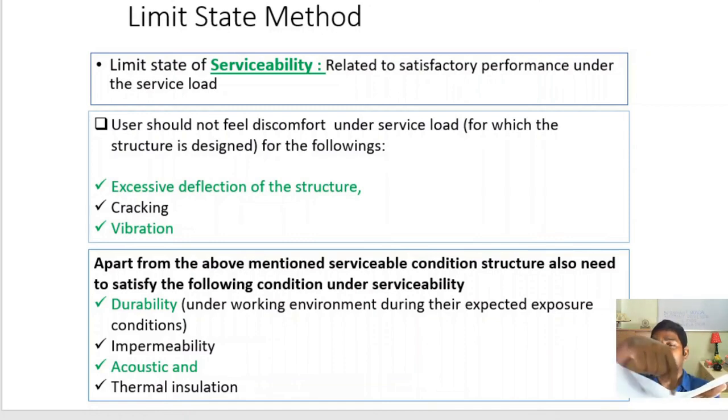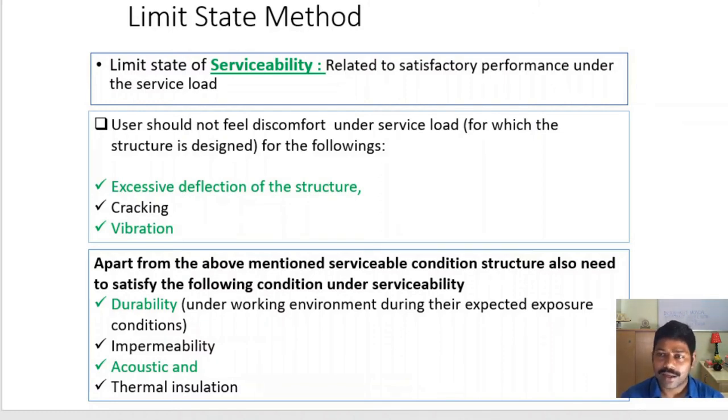Though the floor does not fail, there is excessive deflection, and the occupant will feel discomfort. So you should not design like that. Structures must ensure that there is no excessive deflection.